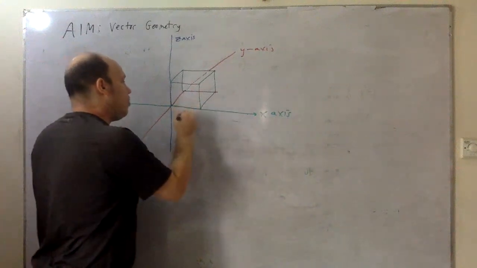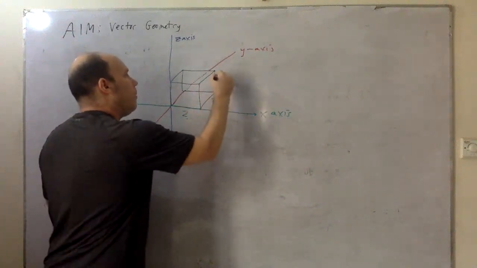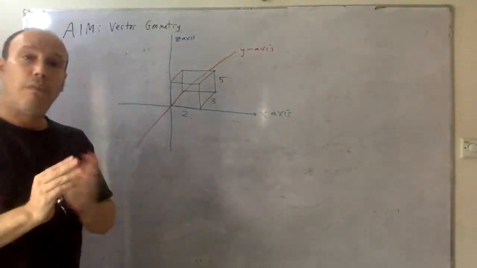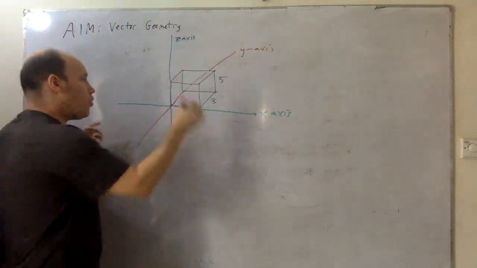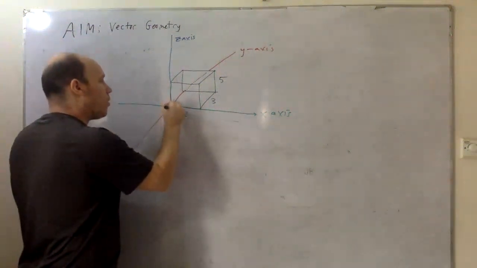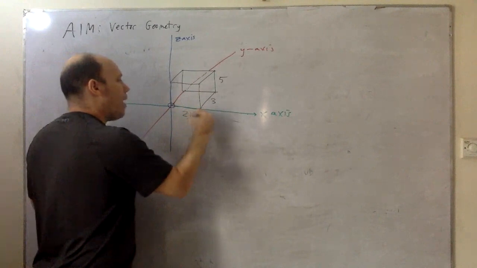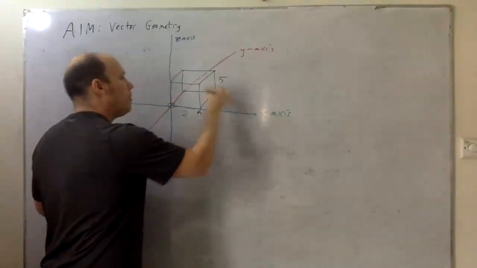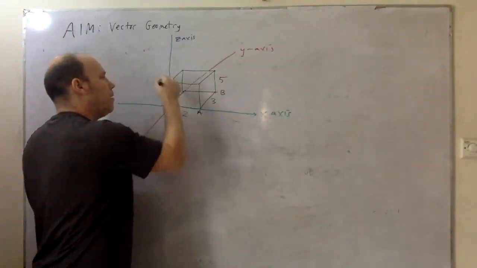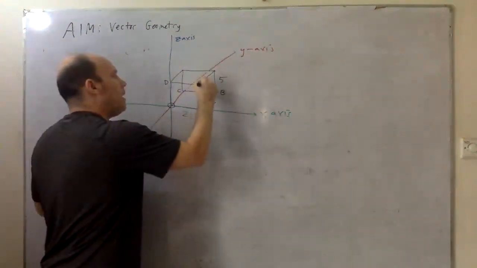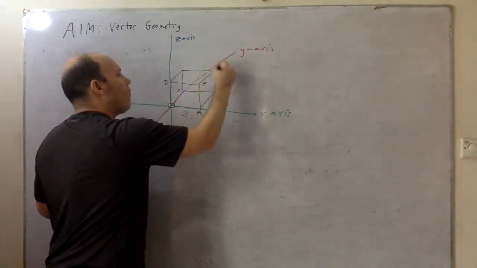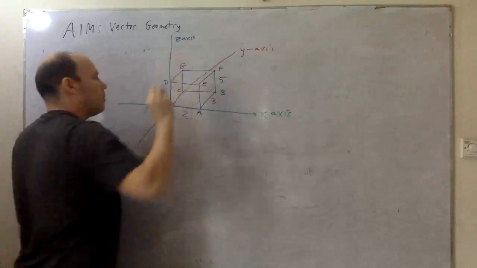Let's assume this is 2 by 3 by 5. Okay, and what we're going to do is, so this is the origin. This is point A, B, C, D, E, F, and G.